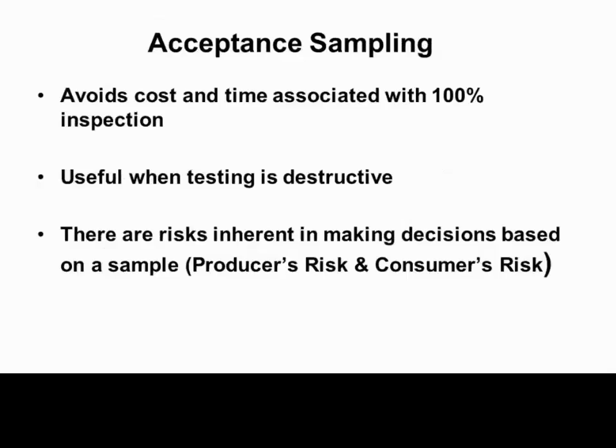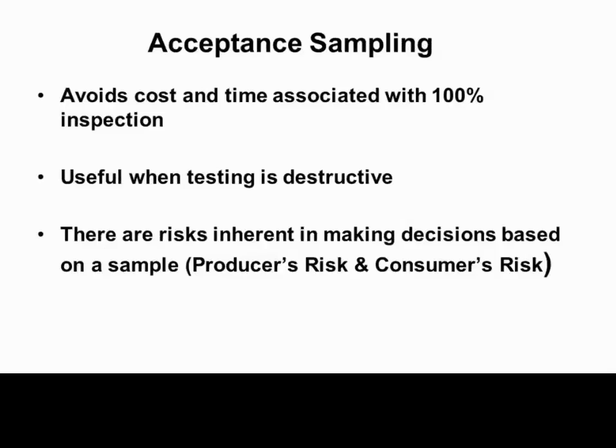Now, while I'm not really a big fan of acceptance sampling as far as tightly controlling quality, as opposed to 100% inspection, it's certainly more efficient and less costly to take samples and make decisions about the lot than to measure everything in the lot every time.